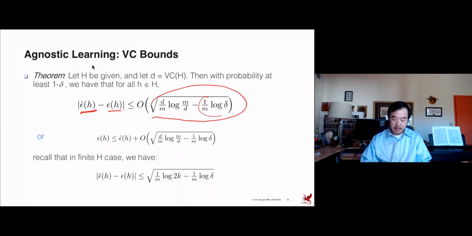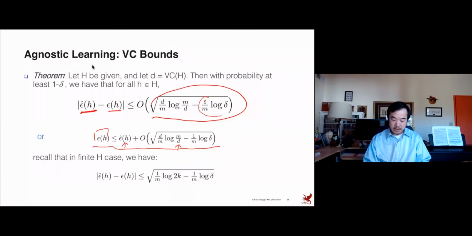You can rewrite it and start to expose the two sources of your true error. One comes from the empirical error, and the other comes from a complexity term that is a property of the training example and also the property of the hypothesis space.